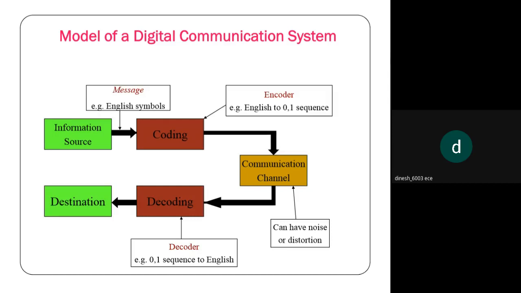If your information is in the form of audio, you will get it in the form of audio. If your information is in the form of video, you'll get video. If the information is in the form of text, you'll get text. Okay. So this is our normal communication channel, ideally.